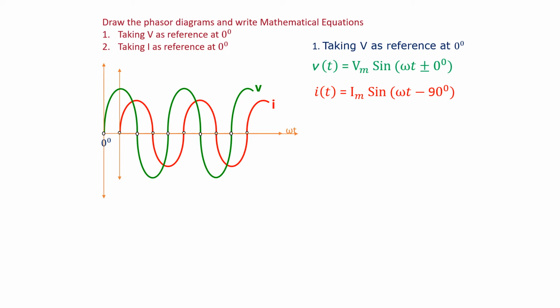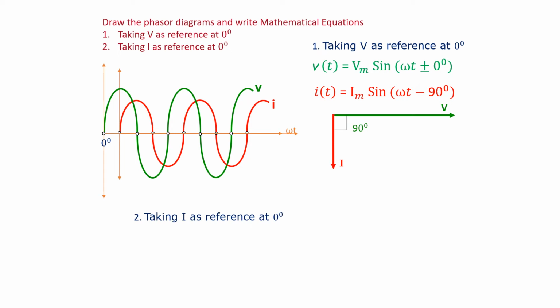It is delayed. Now draw the phasor diagram. V taken as a reference at 0. Current phasor is to be drawn at minus 90 degrees.